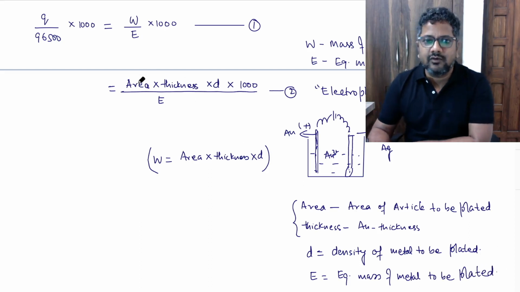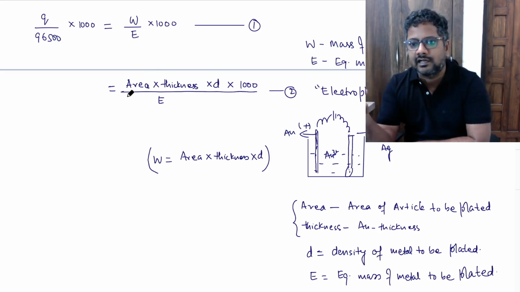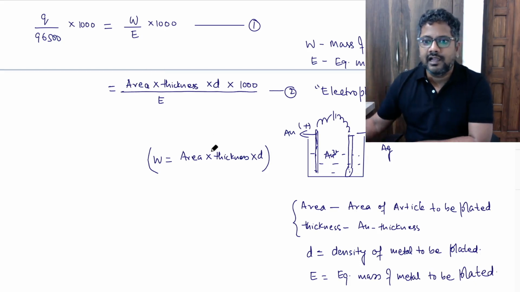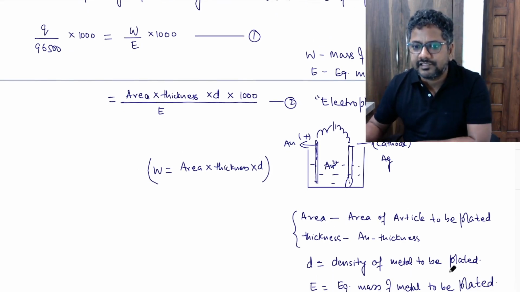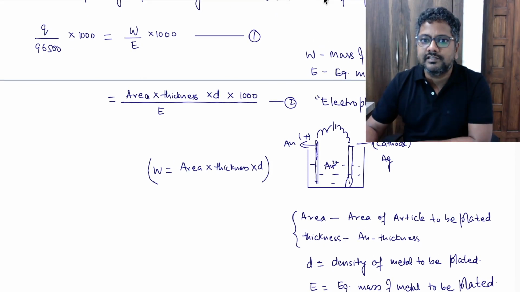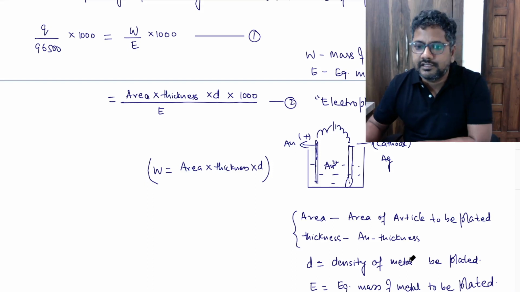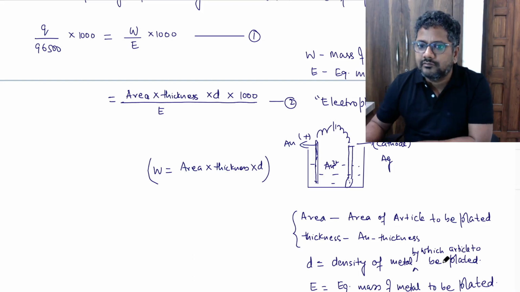In this formula, for the area you have to take the article to be plated, and D is the density of the metal by which the article is to be plated.